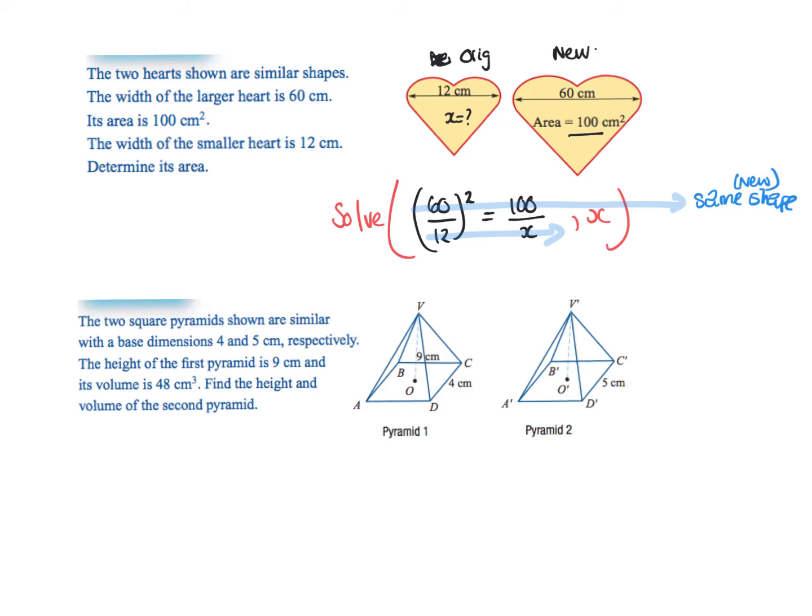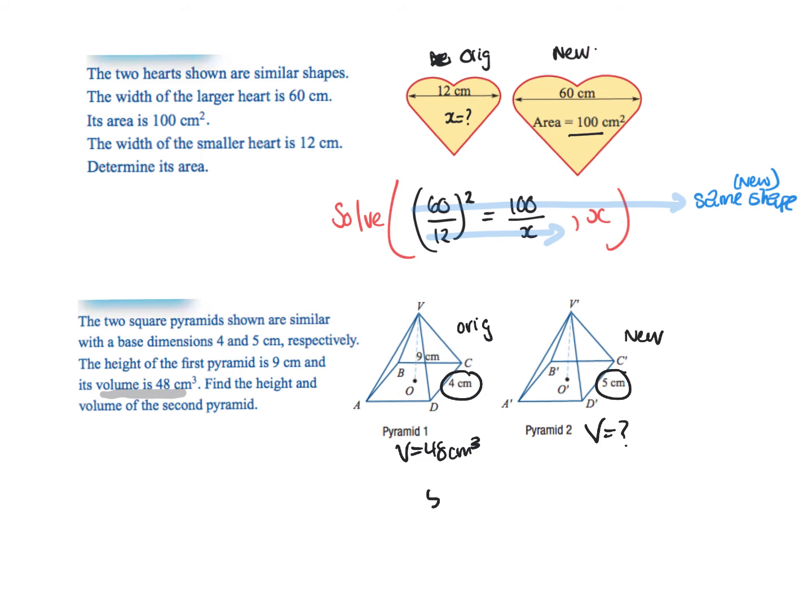You can do that. Now this one, they told me in the wording that the first pyramid's volume is 48, and they want me to find the volume of this one. So I have to compare something I have that is similar. They gave me the same lengths here. So I'm going to call this the new.